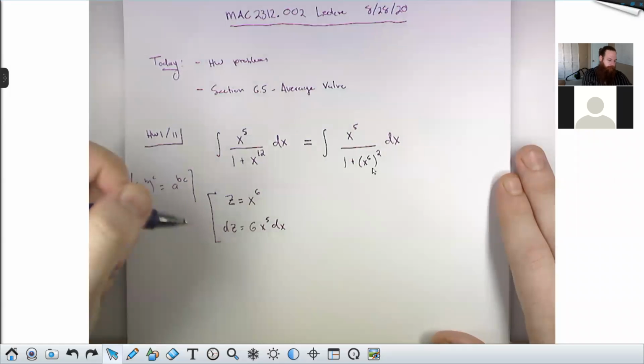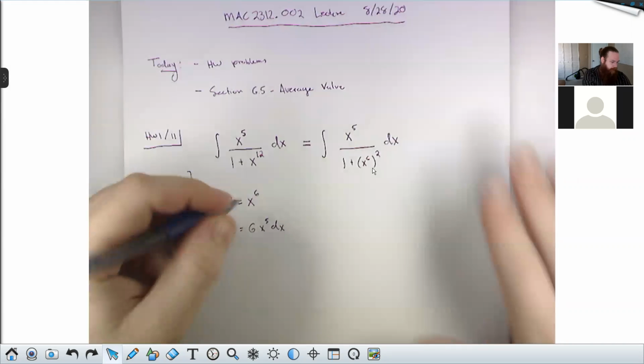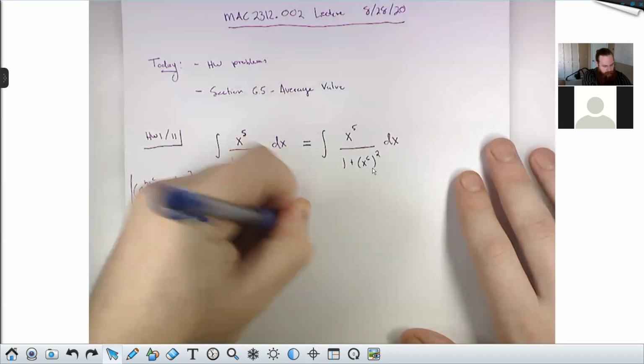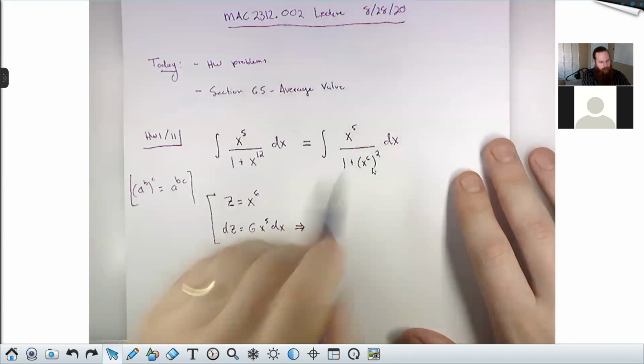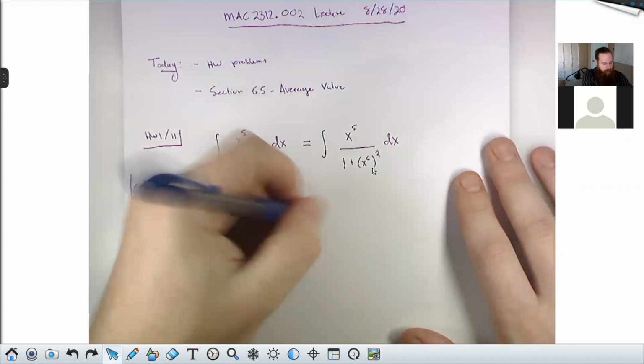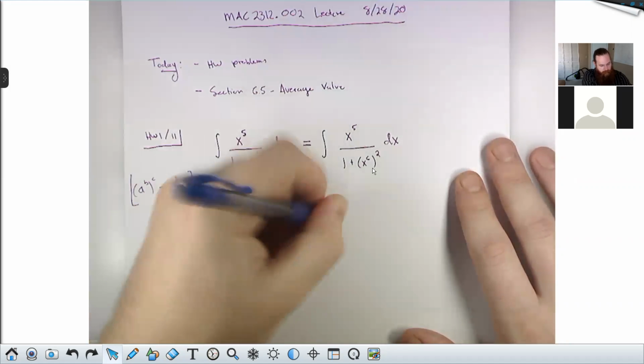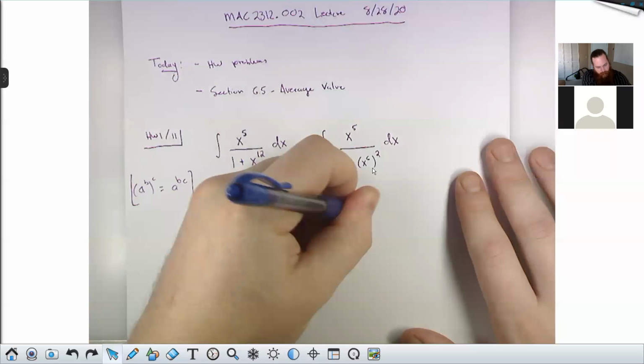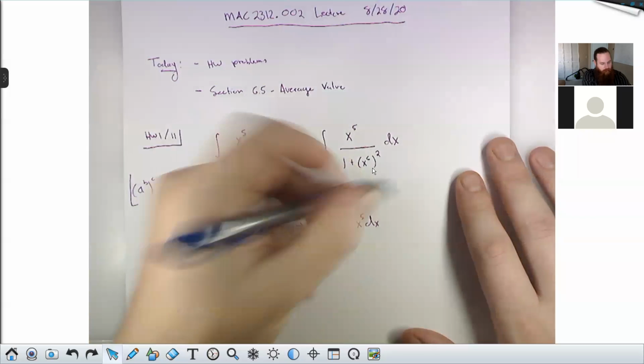And this 6x to the 5 dx, what I see is that I do have an x to the 5 dx in my integral. So I'll divide both sides by 6. I see that 1/6 dz is equal to x to the 5 dx.